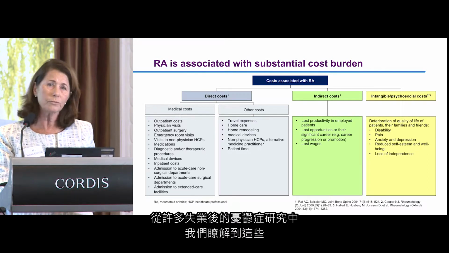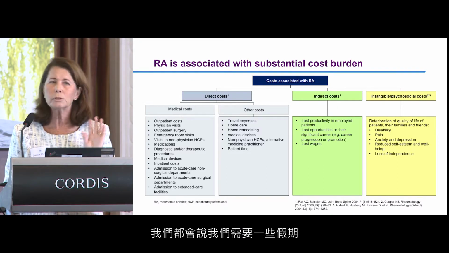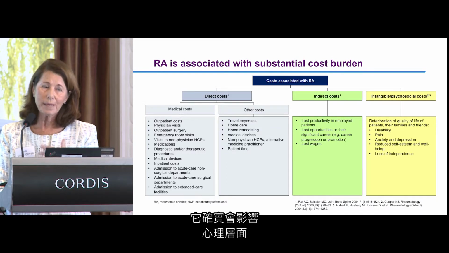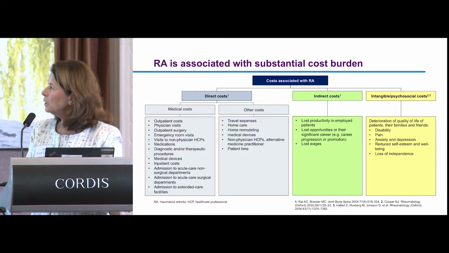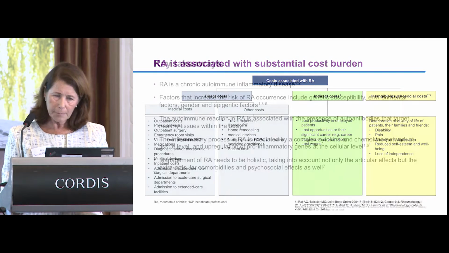We know from a lot of research that depression follows loss of job. And we all say we'd like some time off, but actually jobs are important too. It does affect the psychological aspects. So there are big costs associated with rheumatoid arthritis.